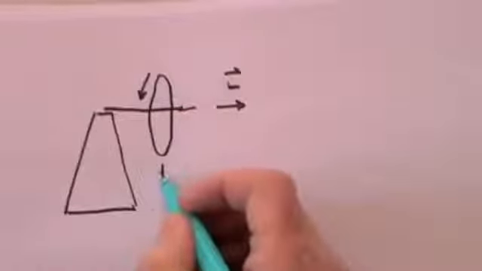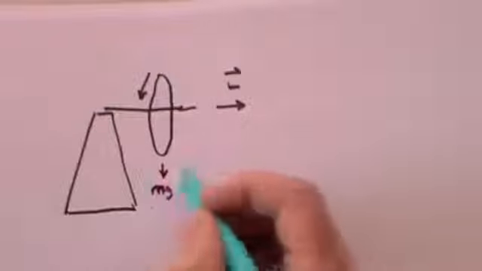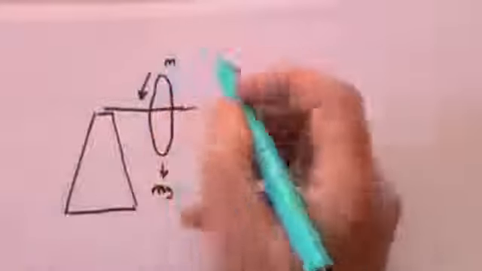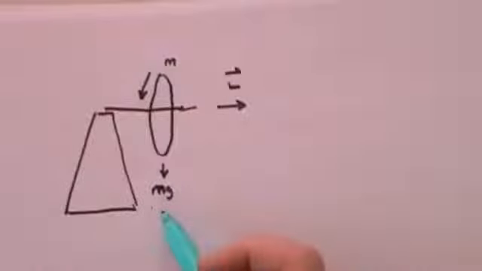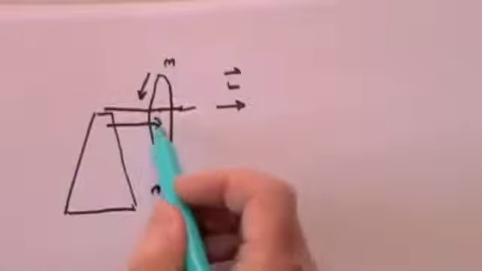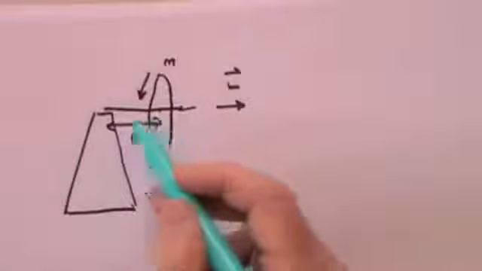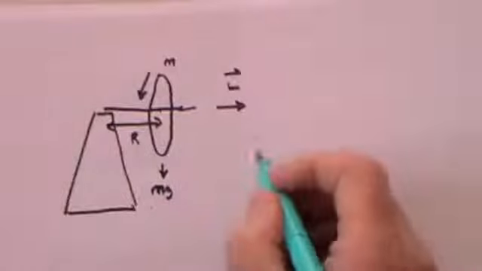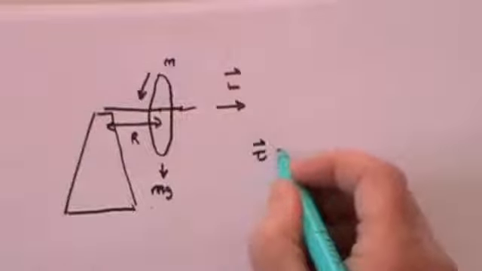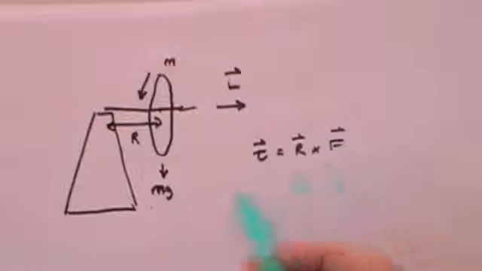If the mass of the wheel is m, then there will be a force mg acting down, and that force will act at this distance, which we'll call r. And so you've got a torque, a force times a distance from the pivot point. And that torque will be r cross F, where F is the gravitational force mg.